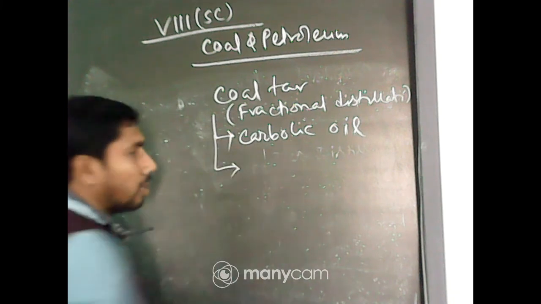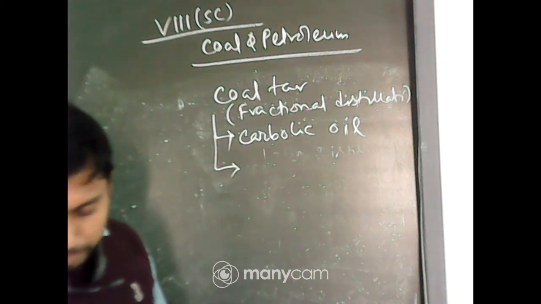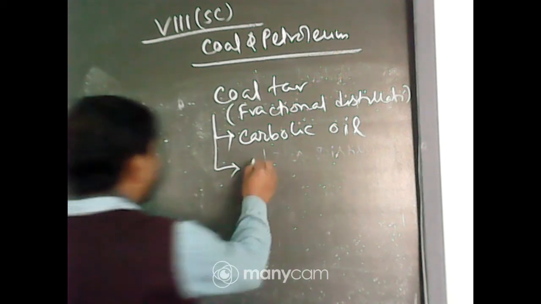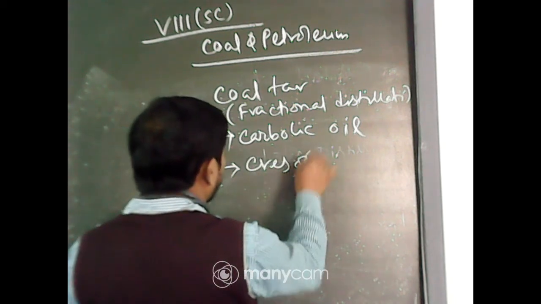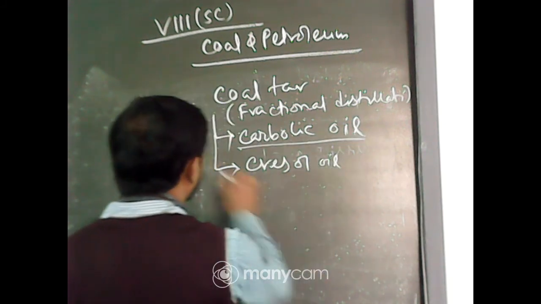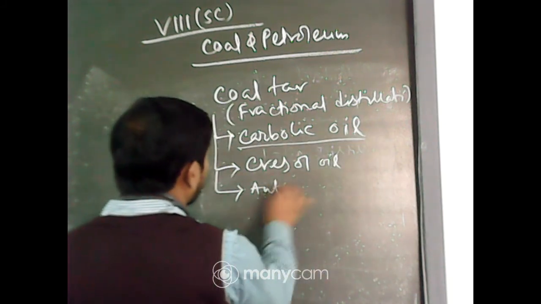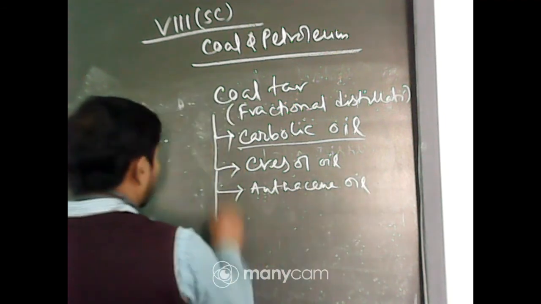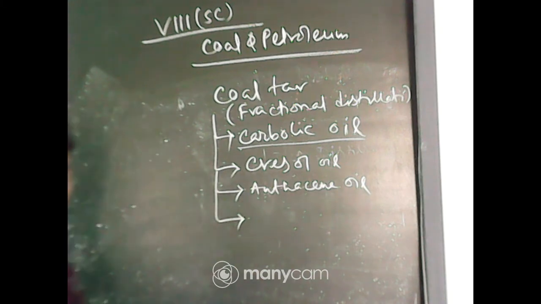Carbolic oil. Next one, cresol. These are all names of compounds: cresol oil, anthracene oil. Okay. Few more substances are there.